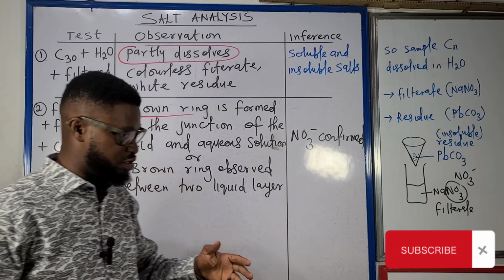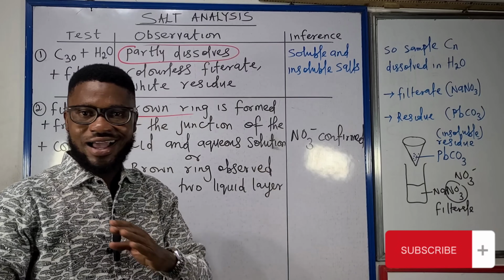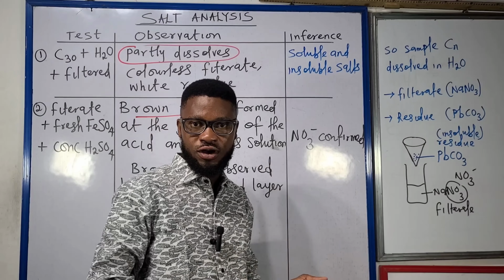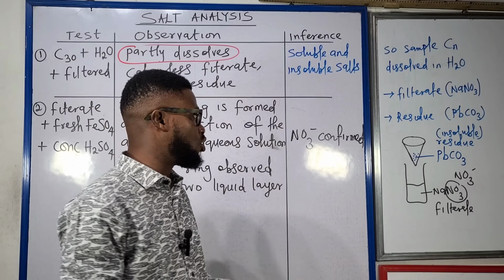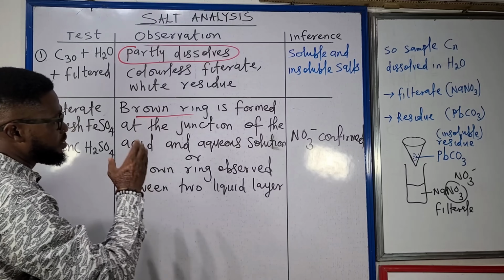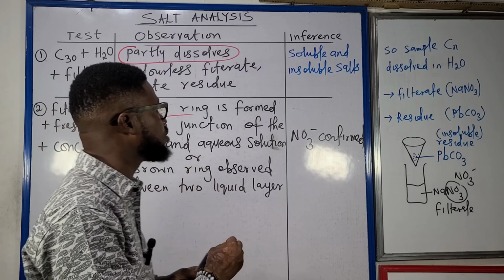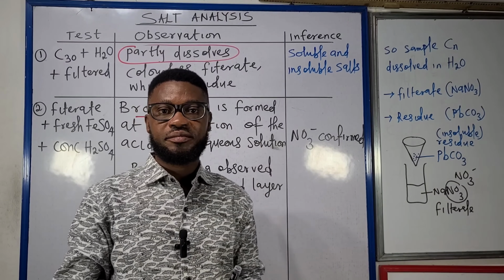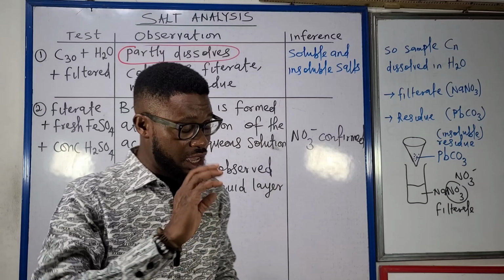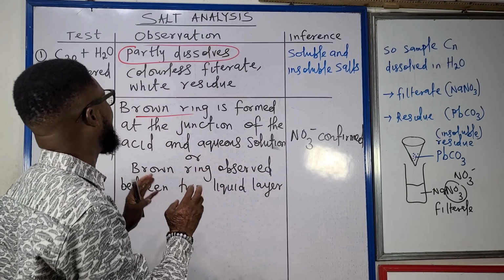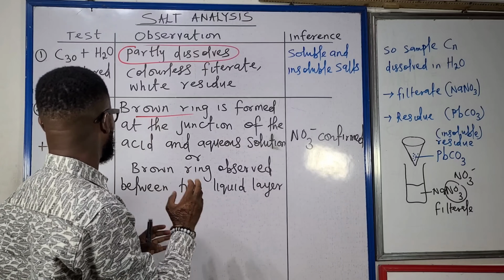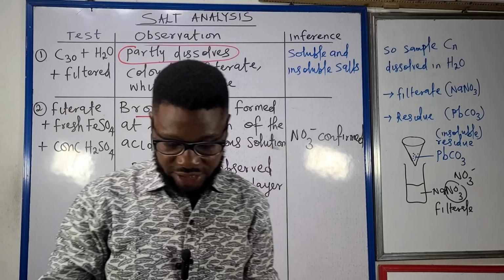It's just about being precise when it comes to chemistry. There is no room for guessing or not doing things the right way. You just have to be precise, and I can tell you that this is very likely your question as far as a sample C which you're going to get for your exam is concerned.